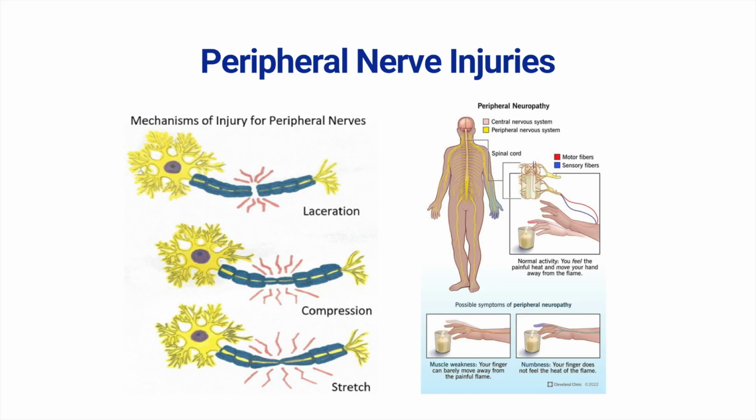So from a gait perspective, one of the most frequently encountered peripheral nerve injuries is peroneal nerve palsy, which leads to foot drop, and the weakness of the dorsiflexor muscles causes difficulty clearing the foot during swing, increasing the risk of tripping and also falls.